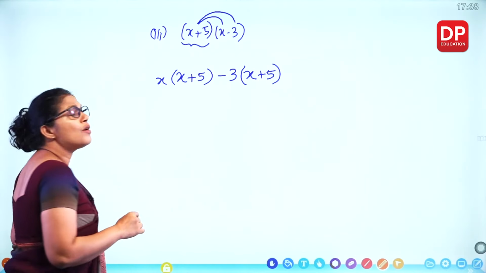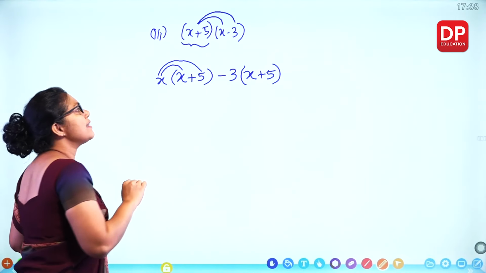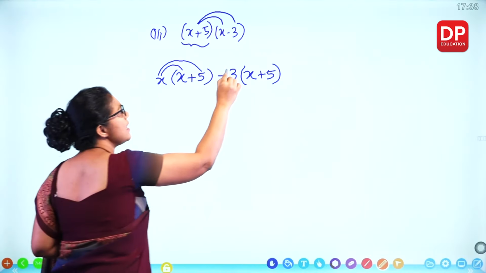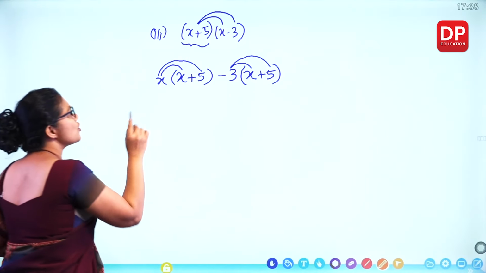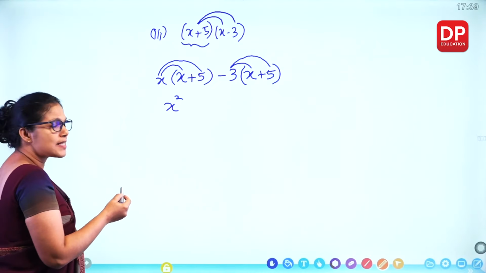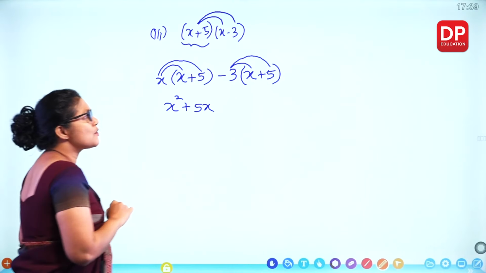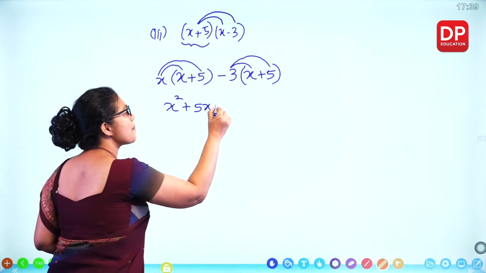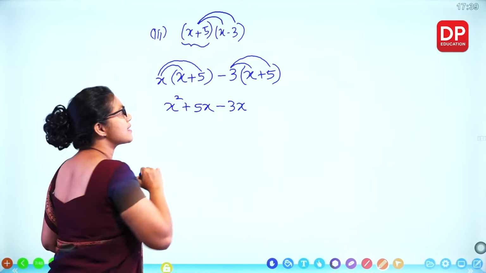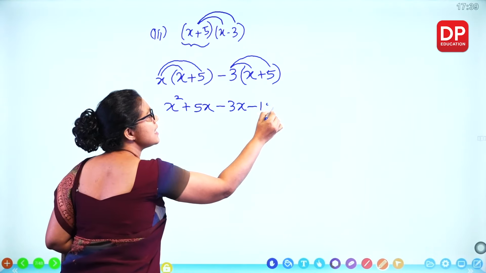Now again we know you can expand brackets. Always multiply the inside numbers with the outside number. So what do you get? x into x, x squared. x into plus 5, plus 5x. What about this one? Minus 3 times x, minus 3x. Minus 3 times 5, minus 15.